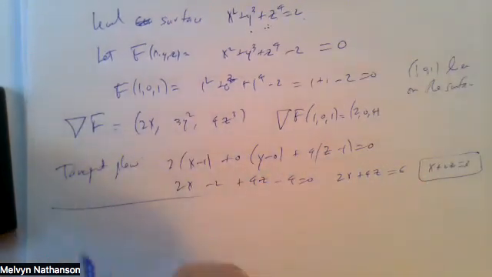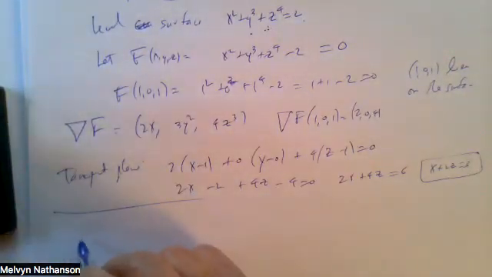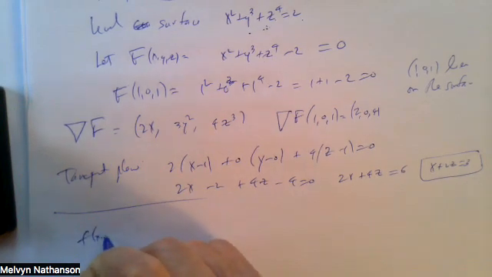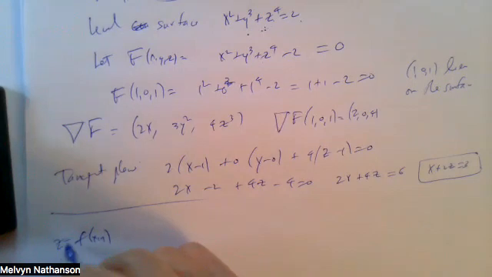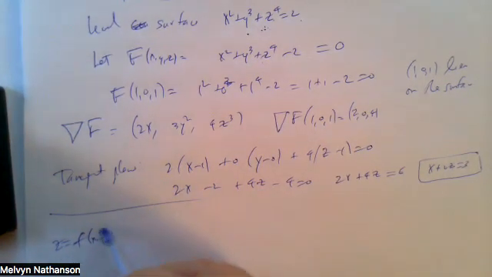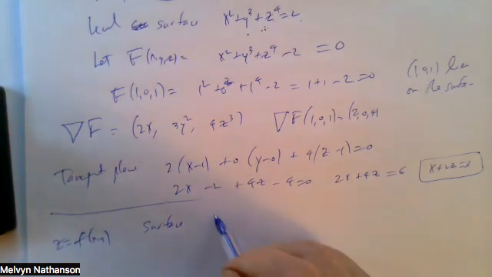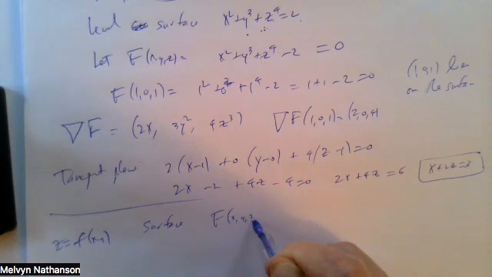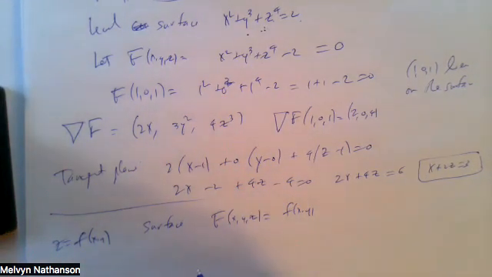Now, if we have the function f of x, y, and we look at the graph of this function, this surface, let capital F of x, y, z equal f of x, y minus z.